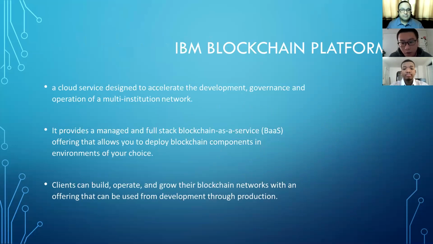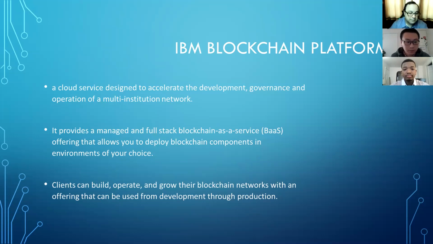Here I'm going to talk about the most important part of IBM blockchain. It's called the IBM Blockchain Platform. It is a cloud service designed to accelerate the development, governance, and operation of a multi-institute network.